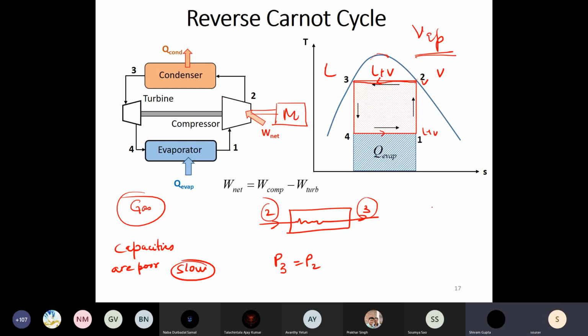Was that taught to you or told to you in the thermodynamics class? Just think of the reciprocating compressor. So let's say the compressor is made for only the gaseous phase.